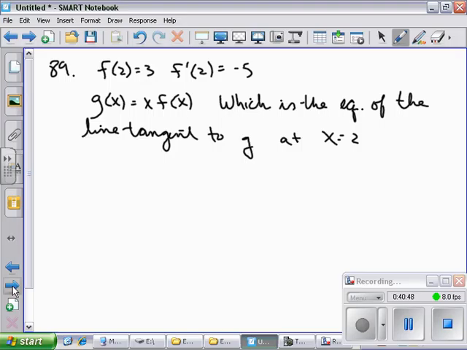All right. So we want to write the equation of a tangent line, which is always y minus y1 is equal to the slope times x minus x1. If it's a tangent line to g, well, they told us that x is 2, so we know that. But how am I going to find y1?